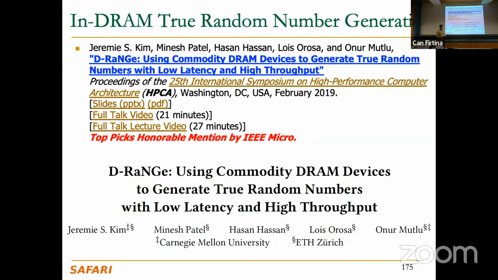It's pretty useful to have a source of true random numbers in a computing system. It's relatively easy to do, as you will see, or at least conceptually easy to do.